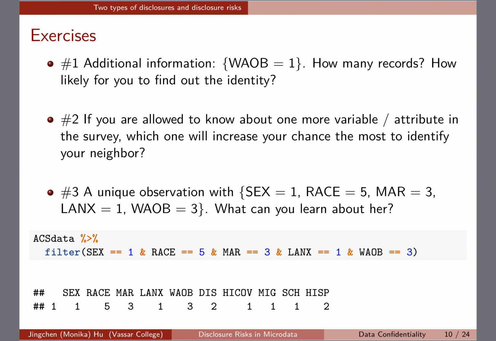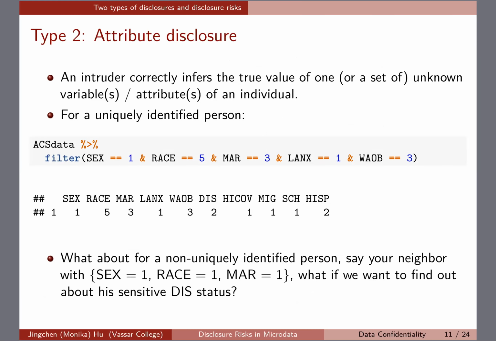In addition to the identity, we know which person it is, but really, once we know which person your neighbor is, you were probably not going to just get to know the other information. So identification disclosure and attribute disclosure are linked to some degree, especially in this case, knowing the identity of this person leads to the sensitive information of the other variable.